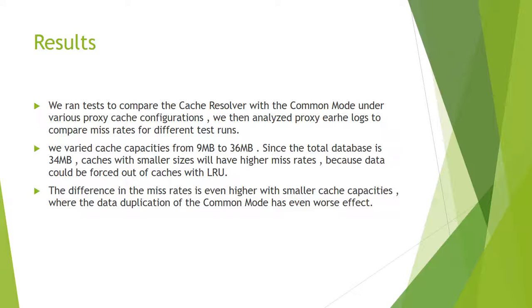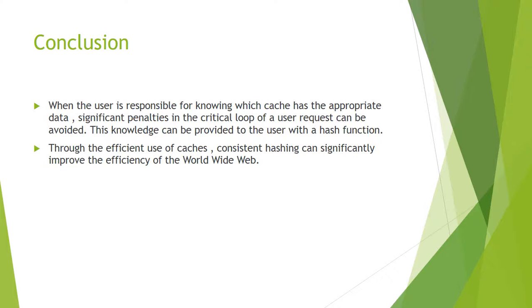Since the total database is 34 MB, caches with smaller sizes will have higher miss rates because 9 MB is very little compared to 34 MB, and data could be forced out of caches with LRU. The difference in these miss rates is even higher with the smaller cache capacities, where the data duplication of the common mode has an even worse effect.